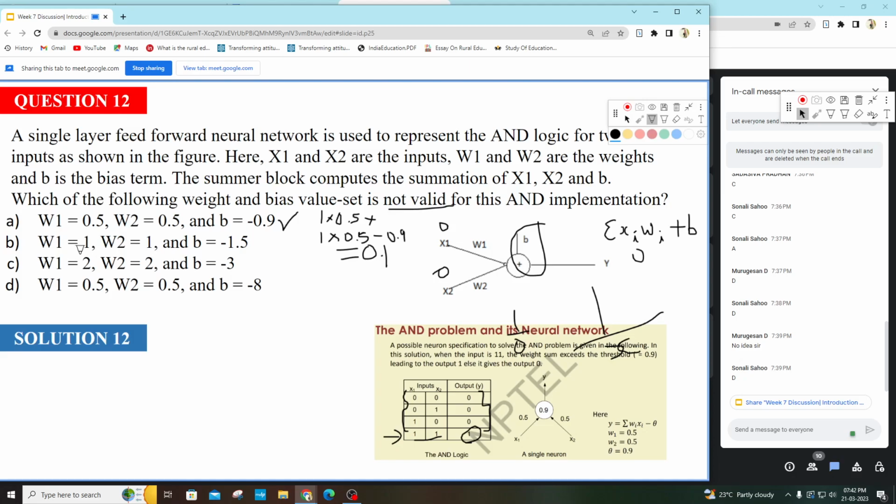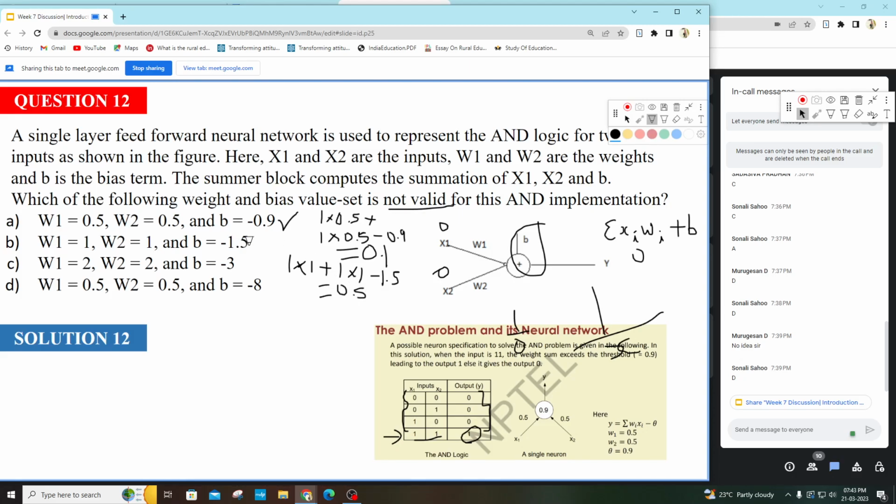Then B is w1 is 1, w2 is 1. Now in a neural network, when you are multiplying w1, 1 into 1 plus 1 into 1 minus 1.5, that is 1 into 1 is 1, 1 plus 1 is 2, minus 1.5 is 0.5.